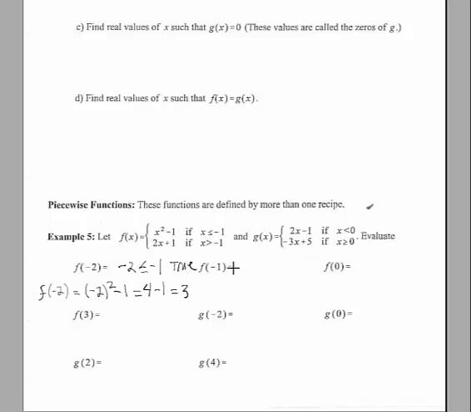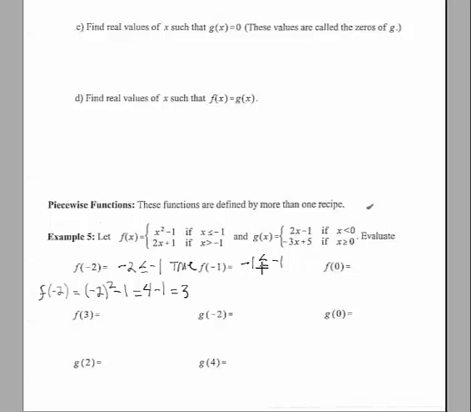Okay. Again, we're dealing with this piecewise function f. Check our input. It's negative 1. Which inequality does it satisfy? Again, it satisfies the first one. Negative 1 is not less than negative 1, but it is equal to, and that's what this bar indicates.